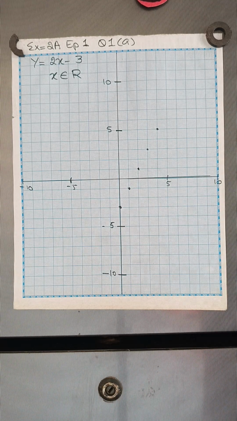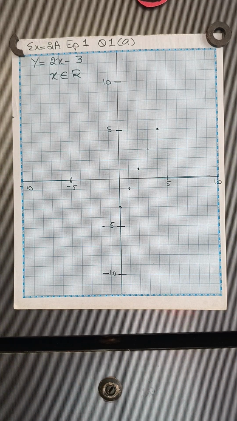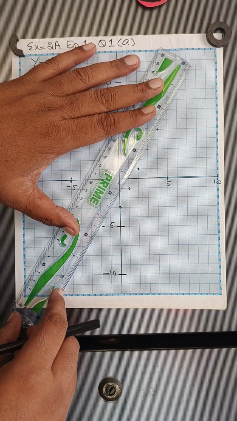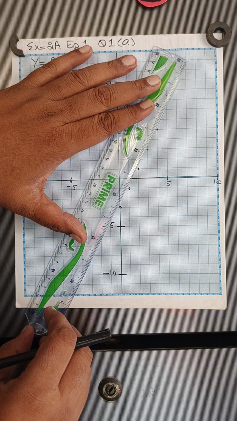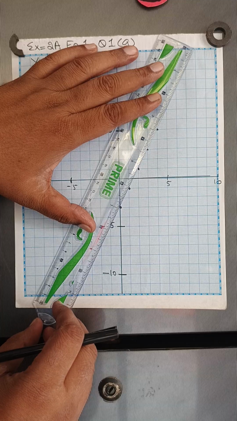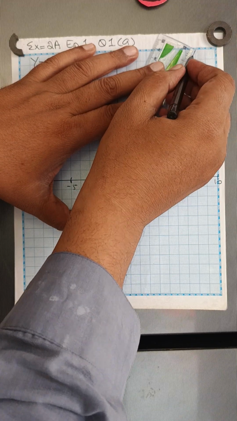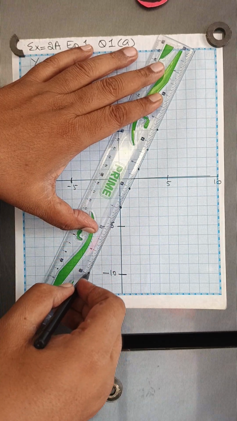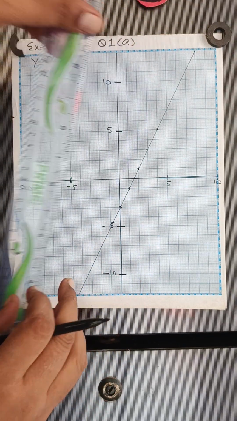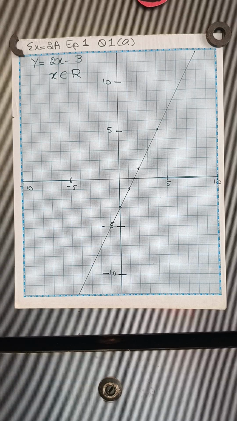So what we will do is join them with a straight line, and this is your graph. Now their question is whether this is a function and a one-one function or not.